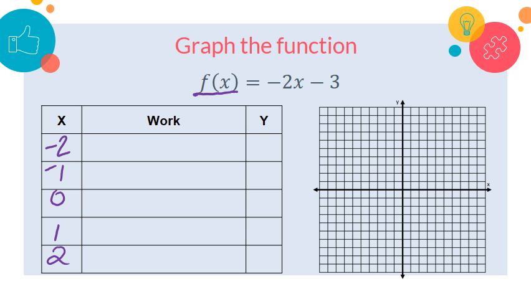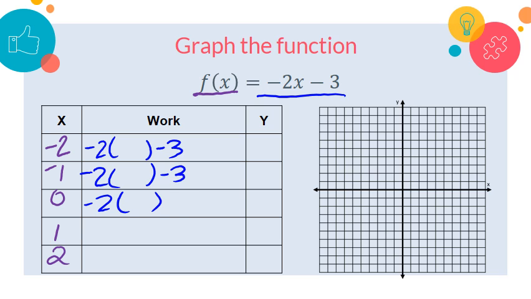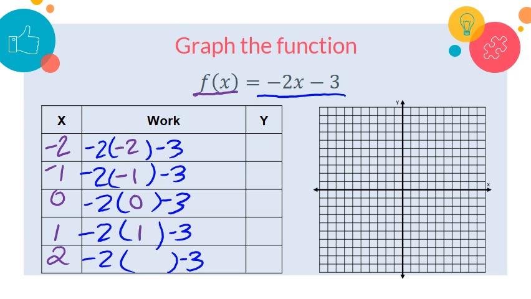So my rule is negative 2 with an x minus 3. I'm going to copy and paste that rule, and then I'm going to plug in each x value for x.